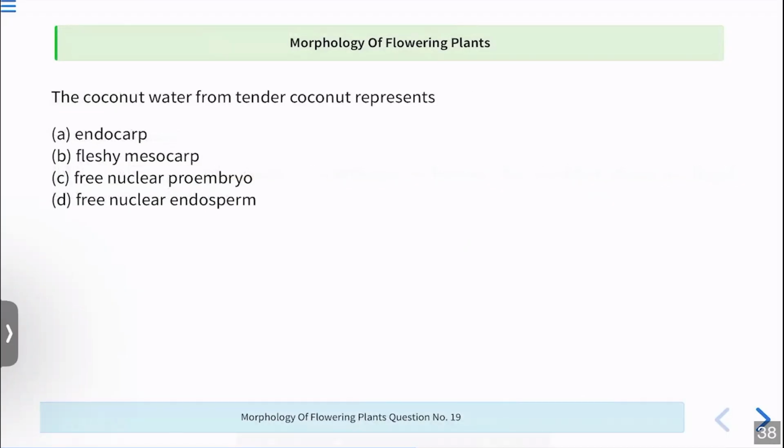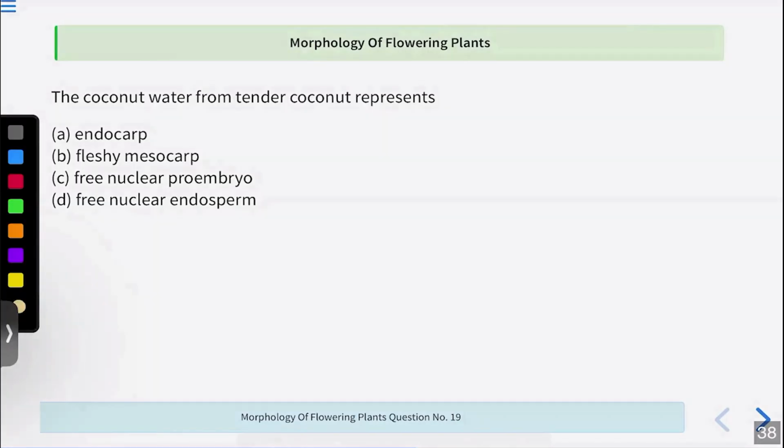Coconut water from tender coconut represents, I just told you, nuclear endosperm. They have given you so many options to confuse. First, you need to know whether it is an endosperm or endocarp or mesocarp or embryo. The tender coconut water is endosperm.